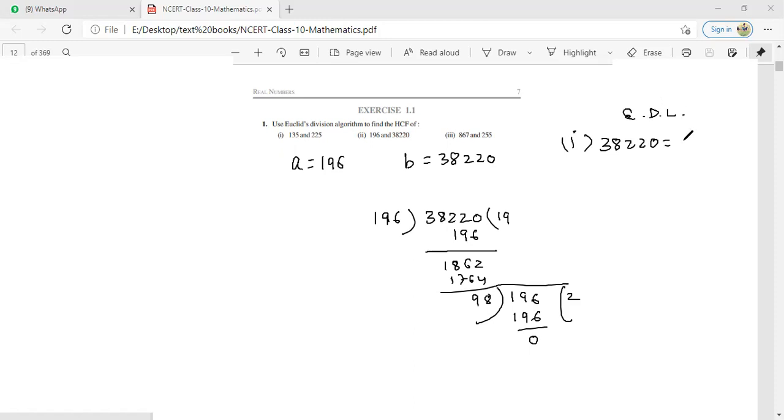We can write 38,220 is equal to 196 into 19 plus 98. Okay, and second time we can write 196 is equal to 98 into 2 plus 0. So therefore HCF is 98, the last divisor. This last divisor is always HCF.